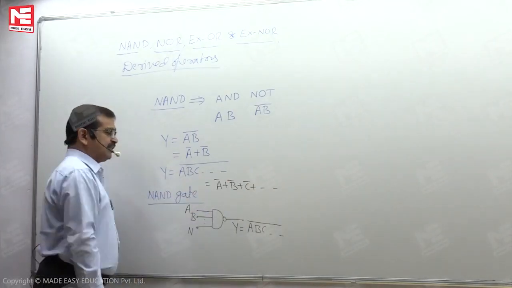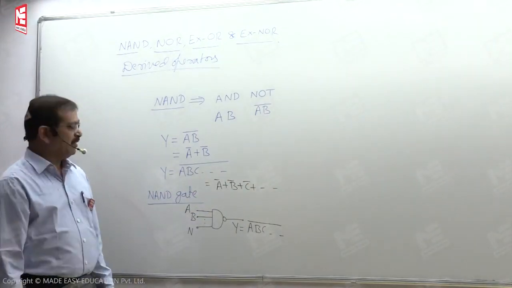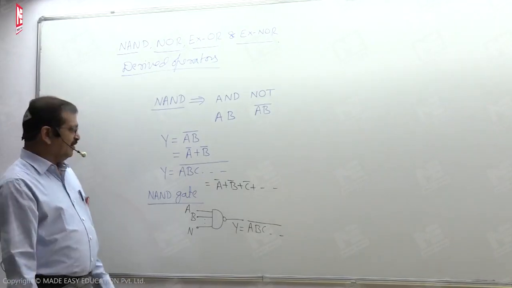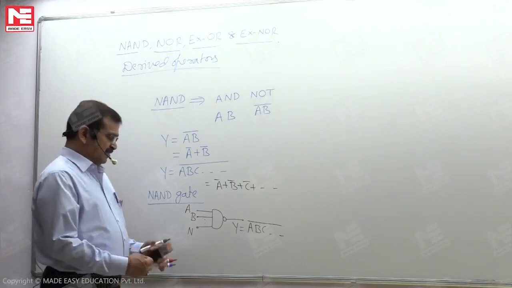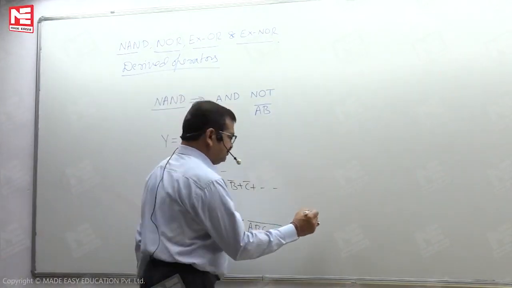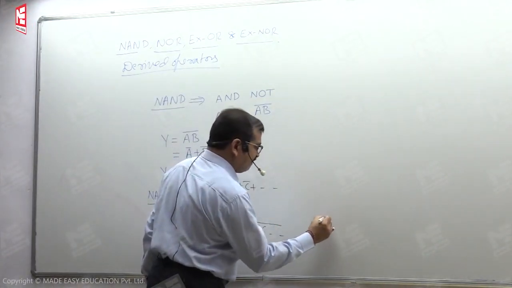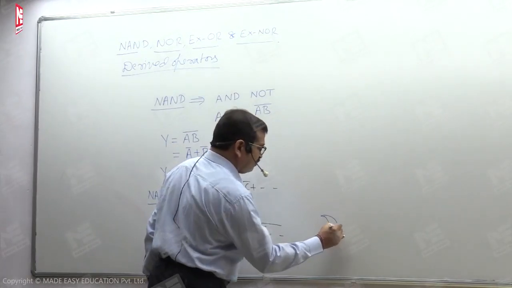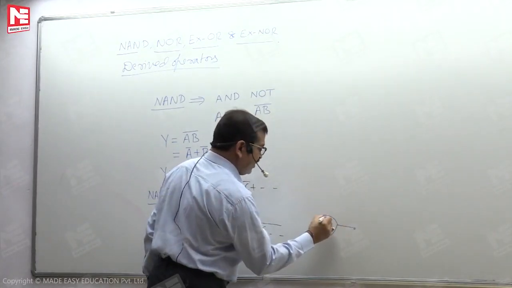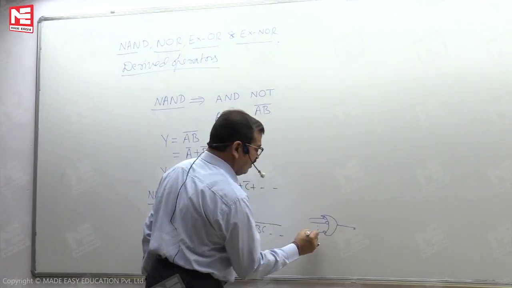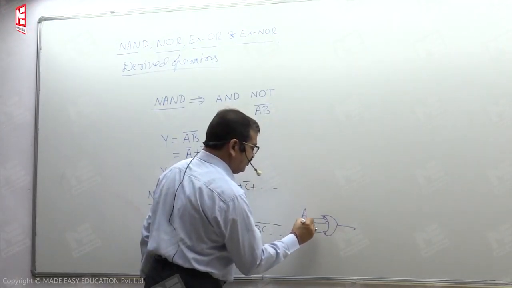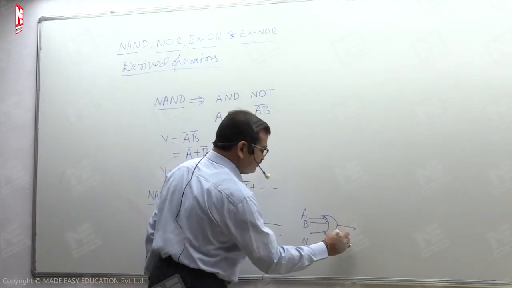Evaluating, we have this expression: A complement or B complement or C complement and so on. While looking at this expression, it is nothing but an OR operation with inverted inputs. It is nothing but an OR gate with inverted inputs.